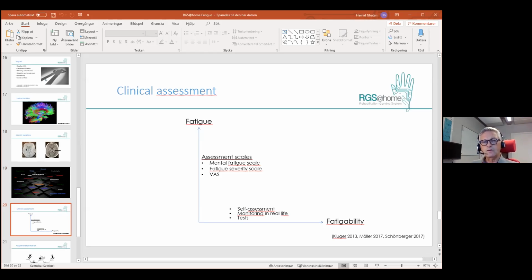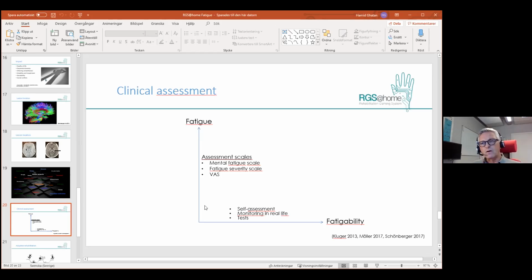And I also use the visual analog scale to measure fatigue. For instance, when I have a consultation with a patient, when the meeting starts and then when the meeting is over, to look at the dynamic changes in fatigue that the patient experiences. But so the research field has been addressing the fatigue.